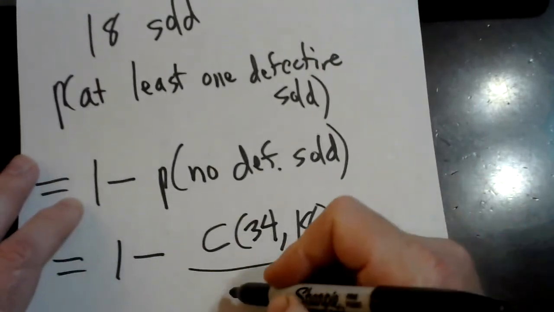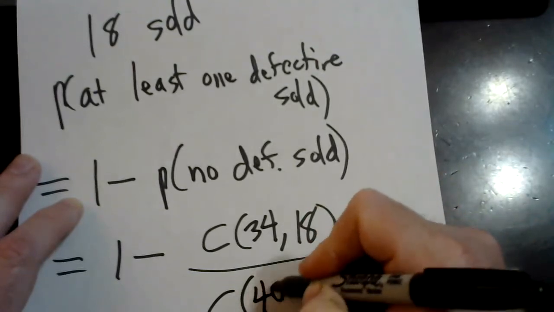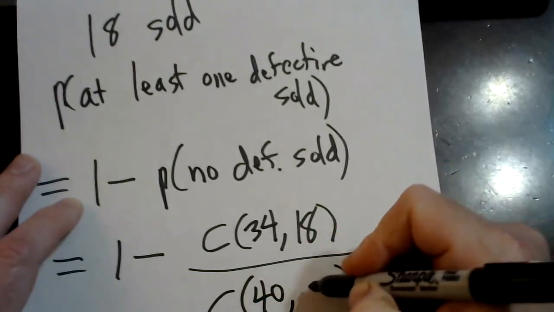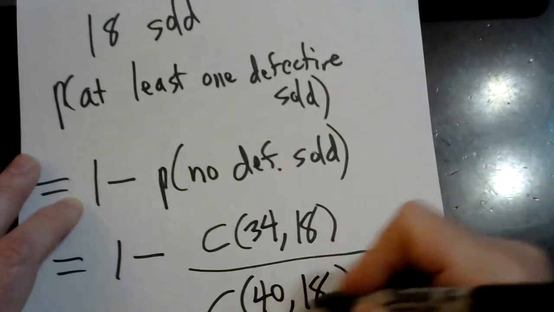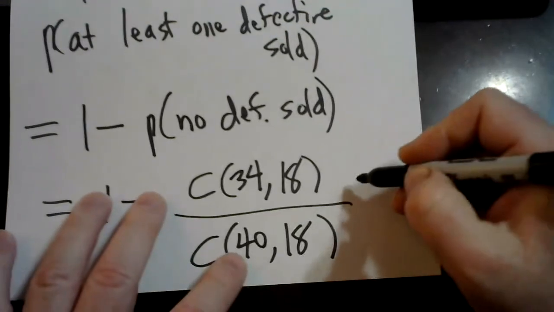But we also have to divide that by the number of outcomes in the sample space, or the number of ways that we could have sold the cameras in general. Well, remember, we had 40 total cameras, and we sold 18 of them. So that is actually the total number of ways that we could have sold the cameras in general. And that is part of the hint in the problem. But we probably could have done it without the hint.